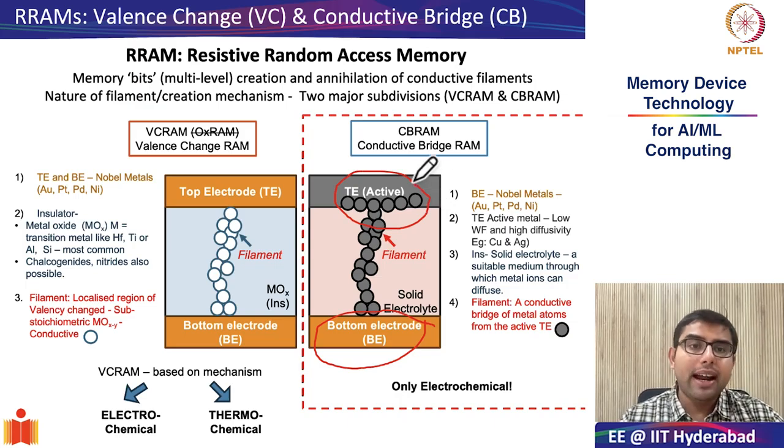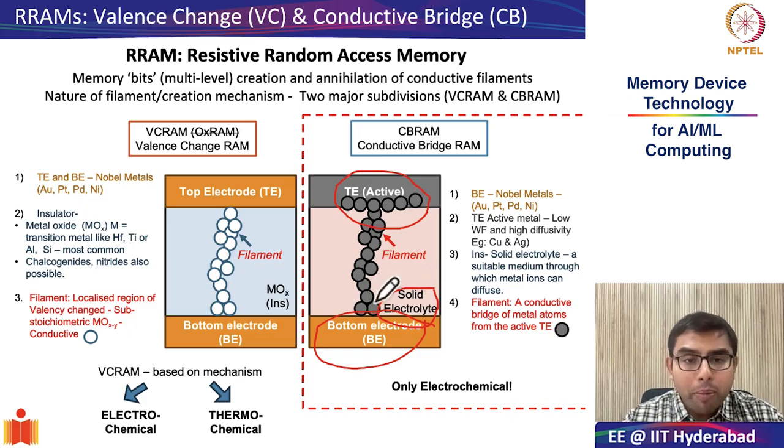Why was the top electrode called active metal? Because it consisted of low work function, high diffusivity metals such as copper and silver.